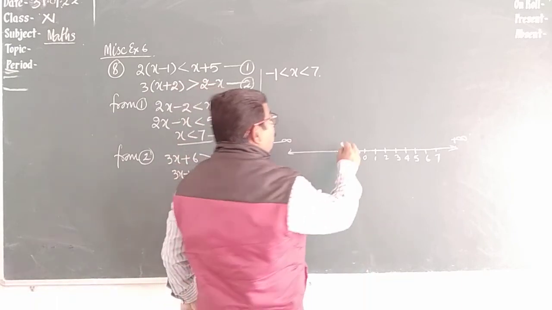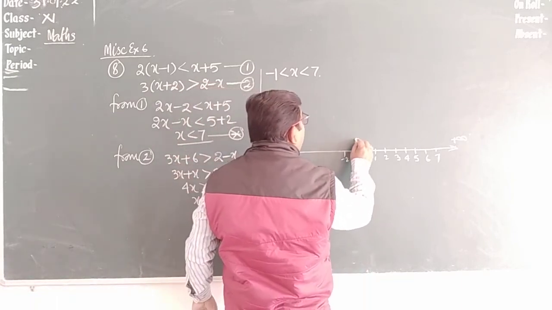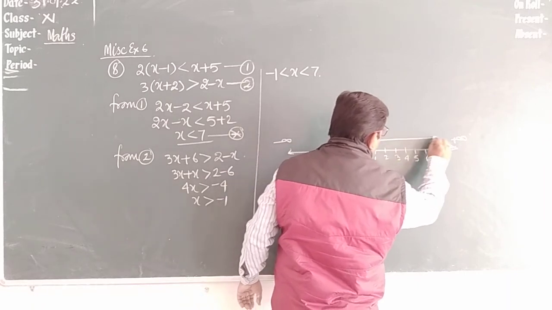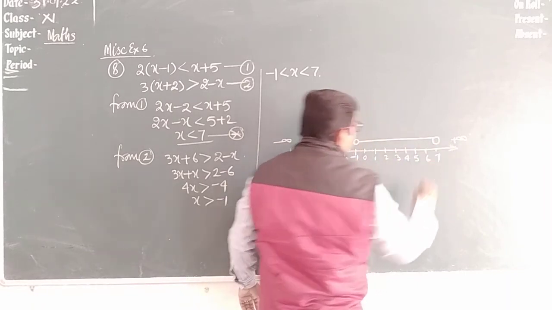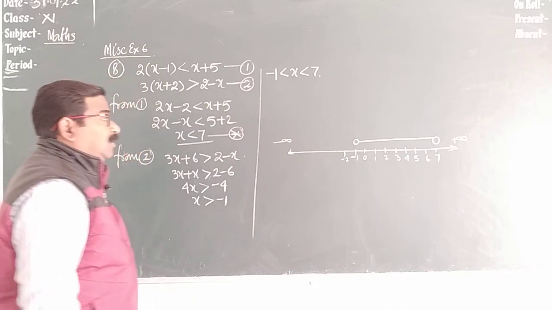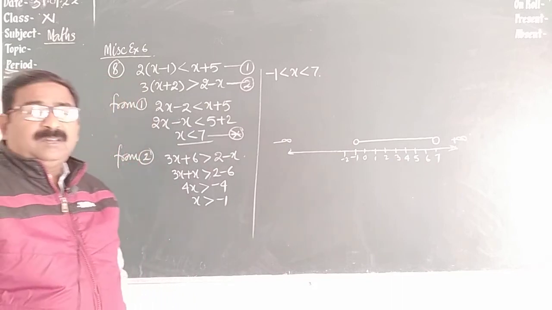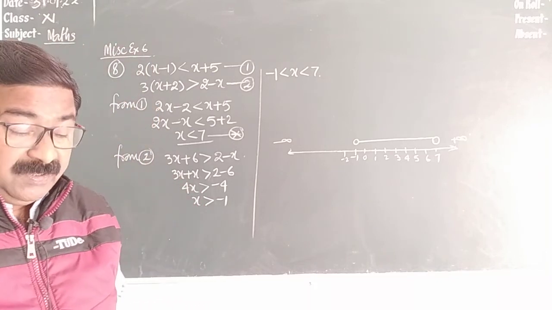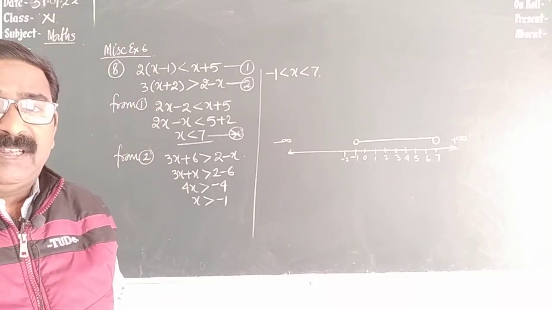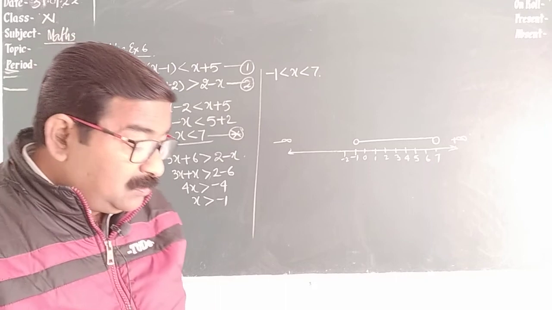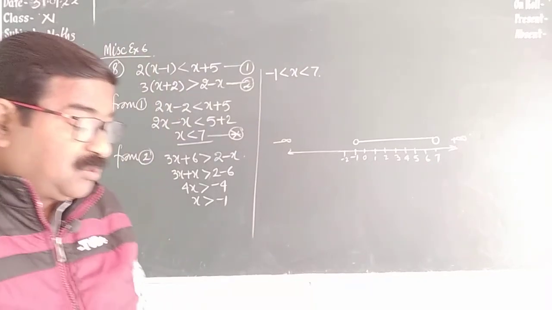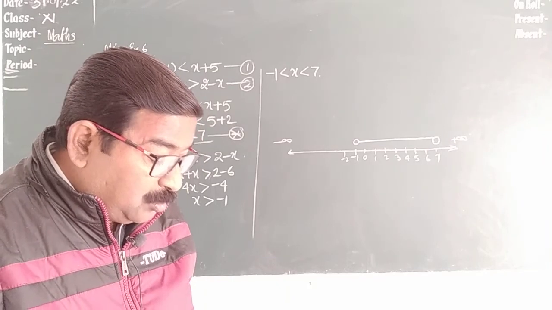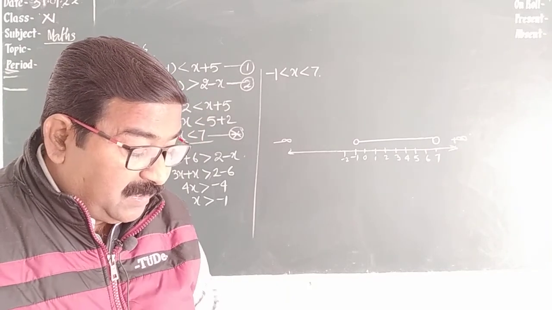So here from minus 1 to 7, this one is open. So minus 1 to 7. This is how you can plot the graph of the inequalities. You can see it, very simple. So I have plotted question number 7 and 8. 9 and 10 you can do.